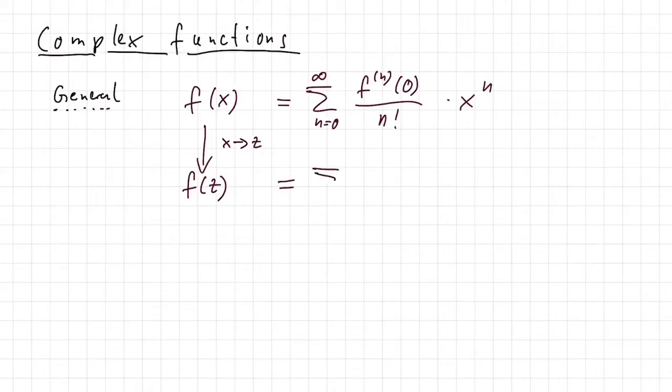So I can do the sum over n equals 0 to infinity of f^(n)(0), which is just the same number as we have for the real part, divided by n factorial times z to the power of n.